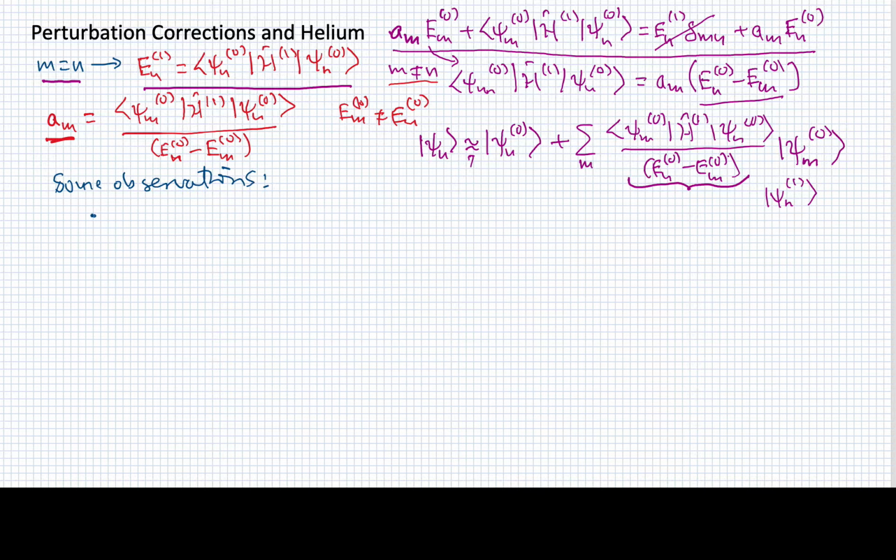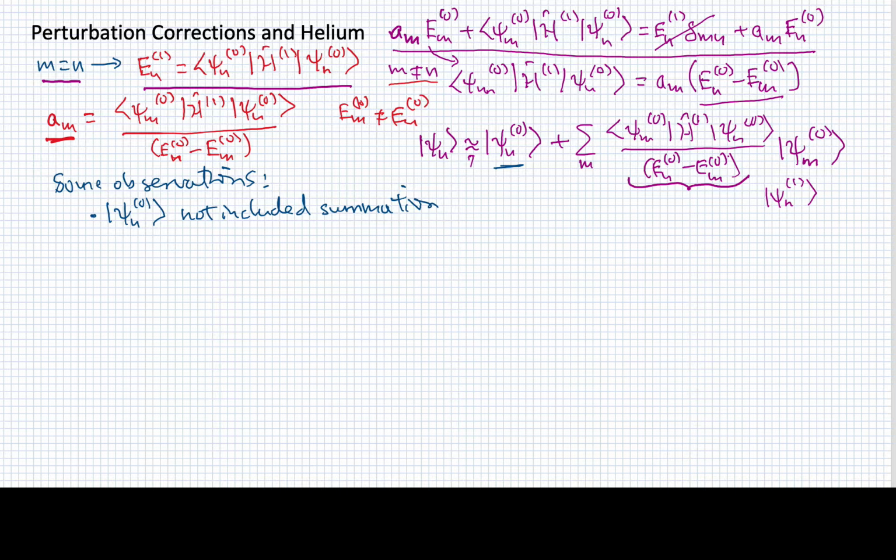First of all, notice that in this summation we cannot include the term psi sub n. Is that a problem? Well, if it were included, then the denominator really would be equal to 0, and it would explode and be an infinite contributor to the corrected wave function. But the fact is we've got psi sub n 0 represented over here, and so this is just a series of coefficients adding up the other functions.